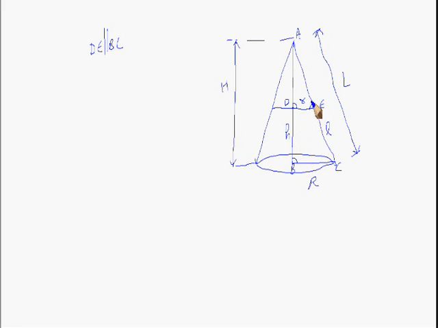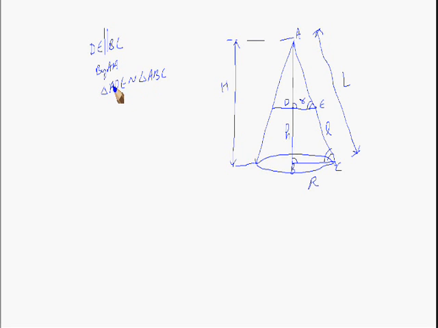Same way angle E is equal to angle C, again the corresponding angles. So we can say that triangle ADE and ABC are similar by the angle-angle property. Triangle ADE is similar to triangle ABC.